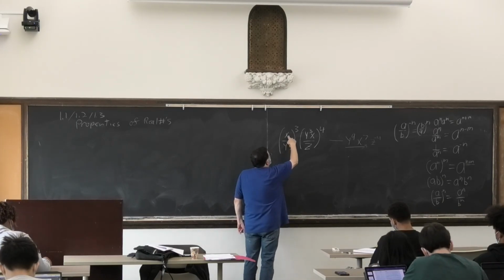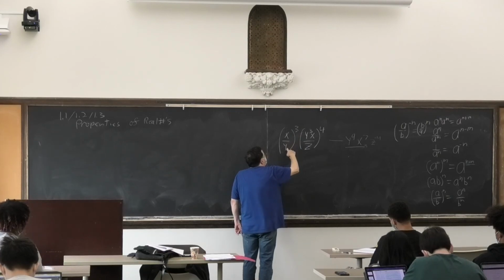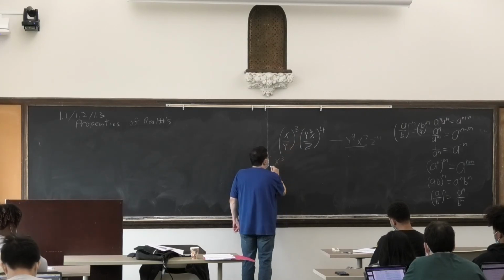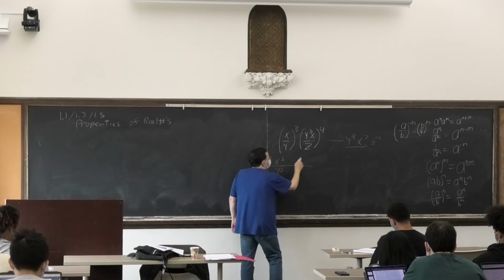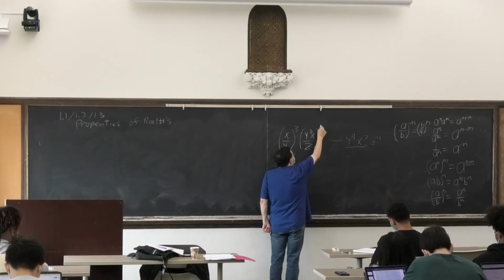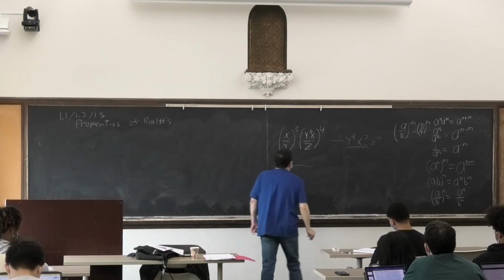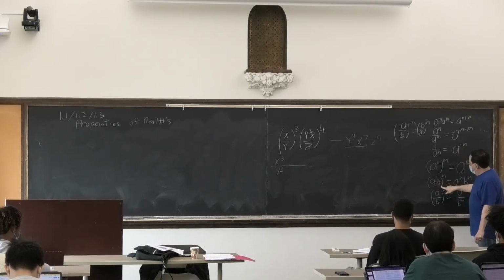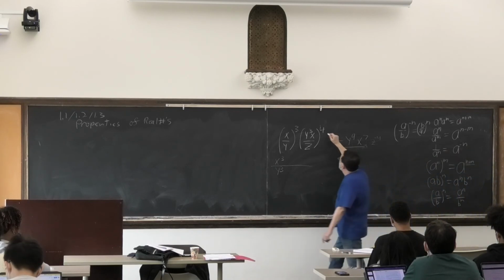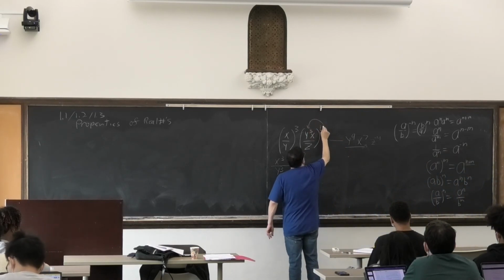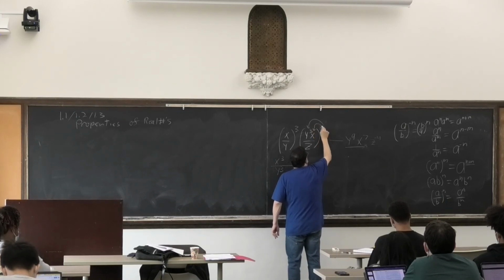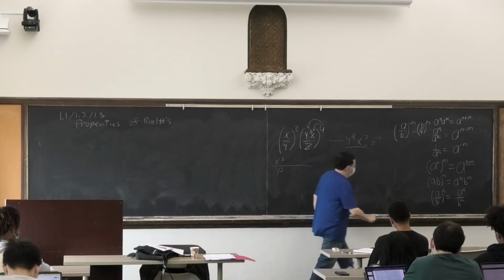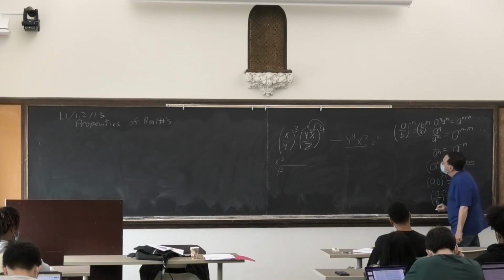Okay, so we've got x cubed over y cubed. Now here, which rule do we have to apply? (ab) to the n is a to the n, b to the n. So the 4 gets applied to the y cubed and to the x. But when I apply it to the y cubed, I have to use this rule, right?